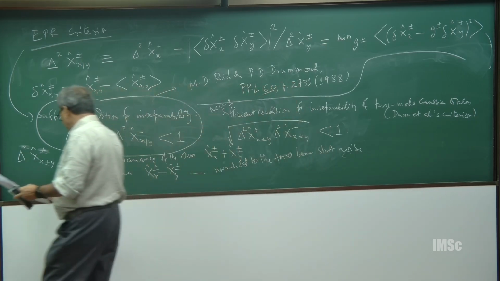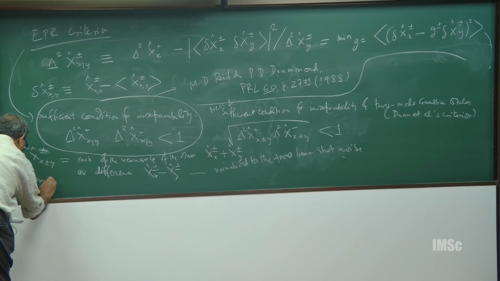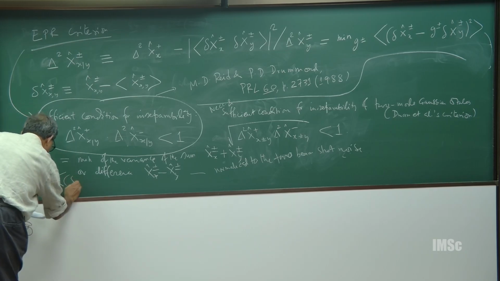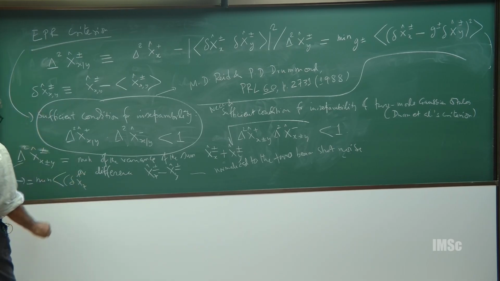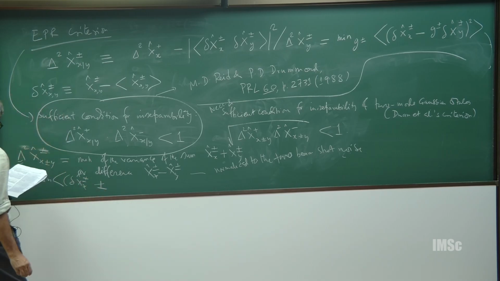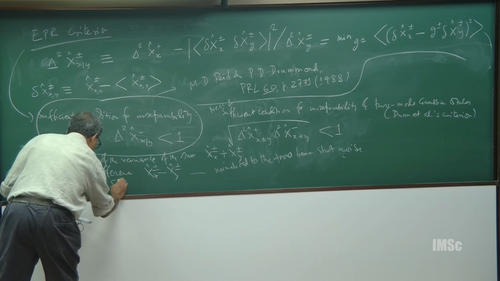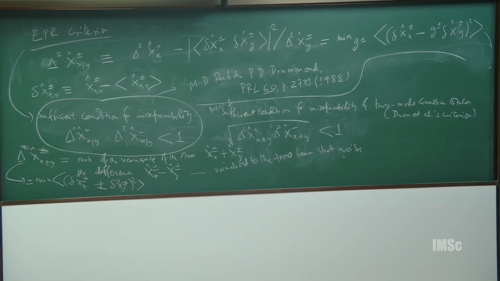This expression is equal to the minimum of the average value of delta x x plus minus delta x y, squared.